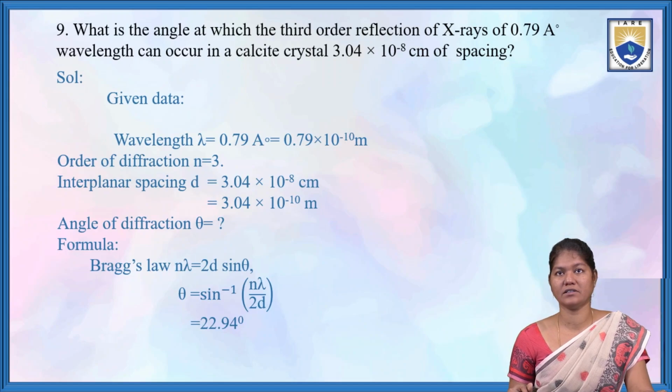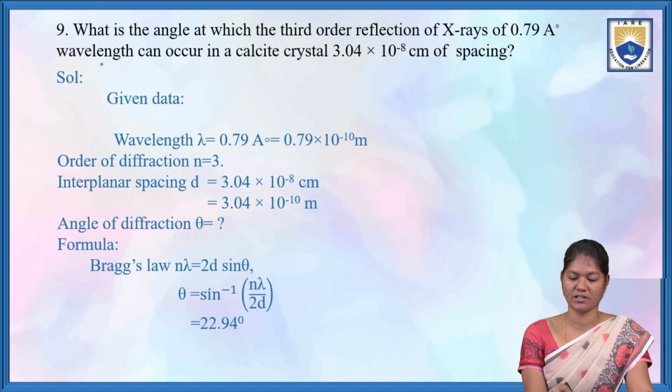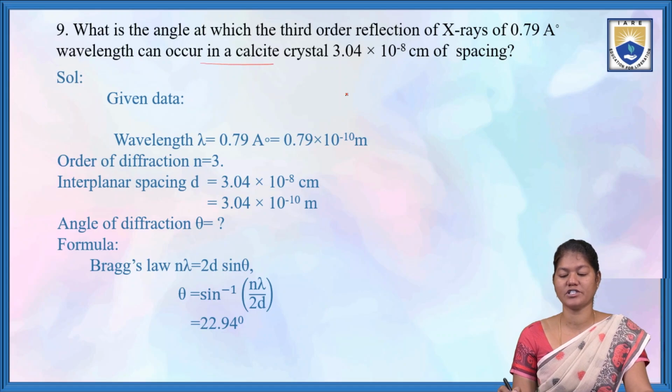What is the angle at which the third order reflection of X-rays of 0.79 angstrom wavelength can occur in a calcite crystal with 3.04 × 10^-8 centimeters of spacing?